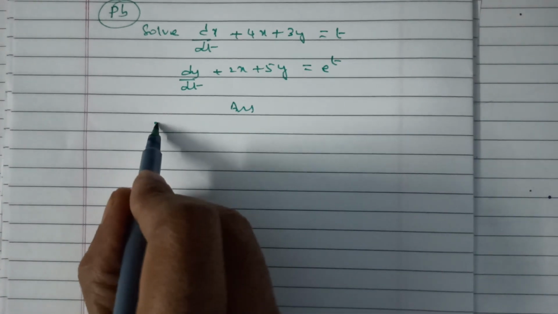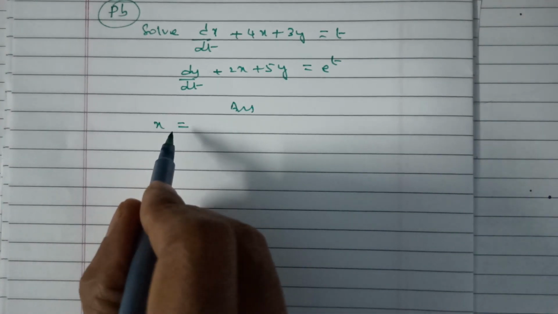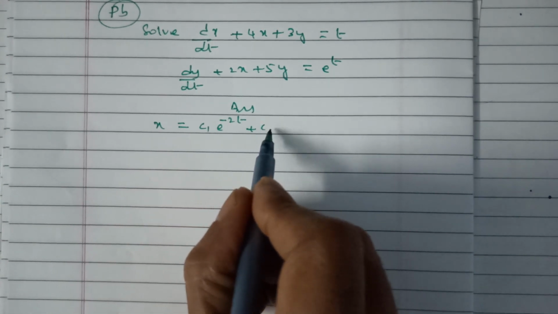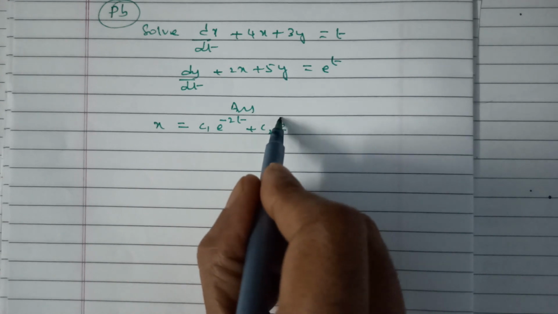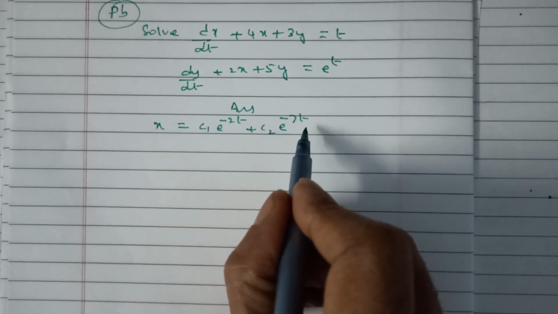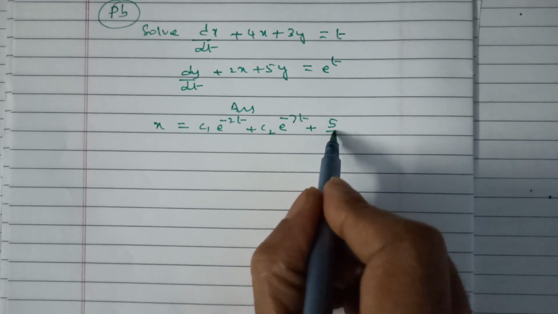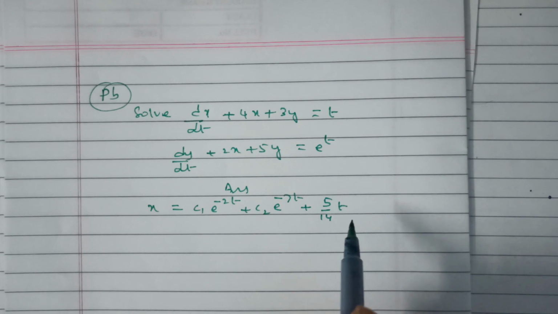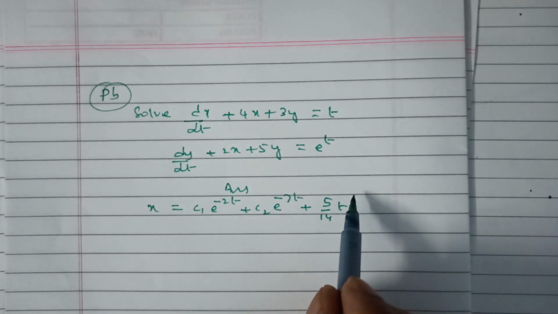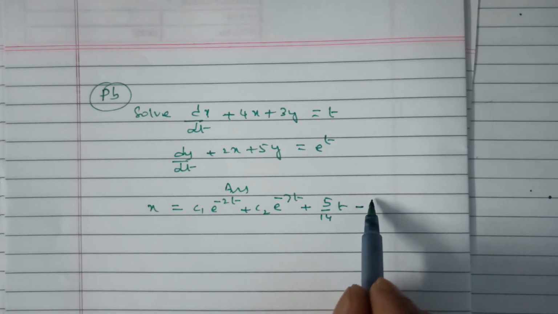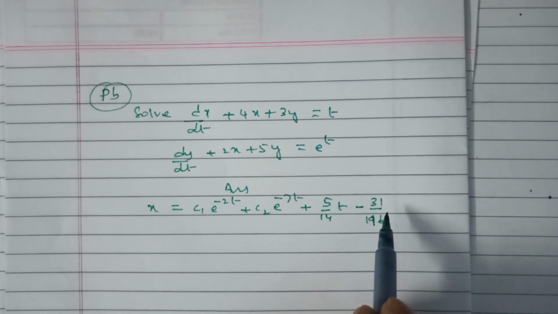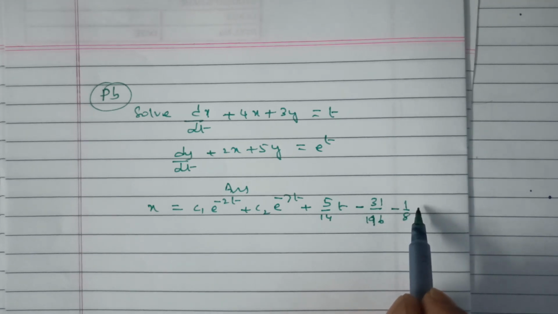x is equal to c1 e power minus 2t plus c2 e to the power of minus 7t plus 5 by 14 t, next minus 31 by 196, the constant, minus 1 by 8 e power t.